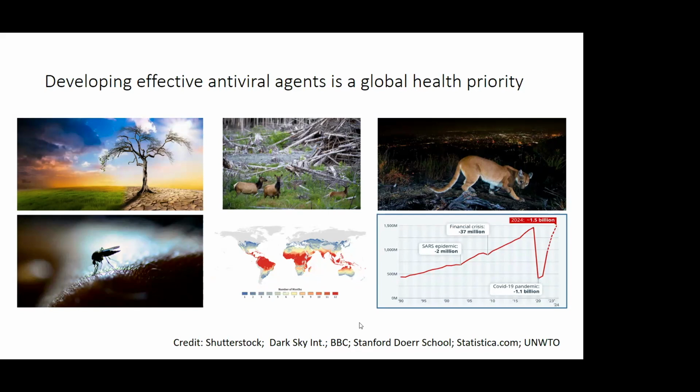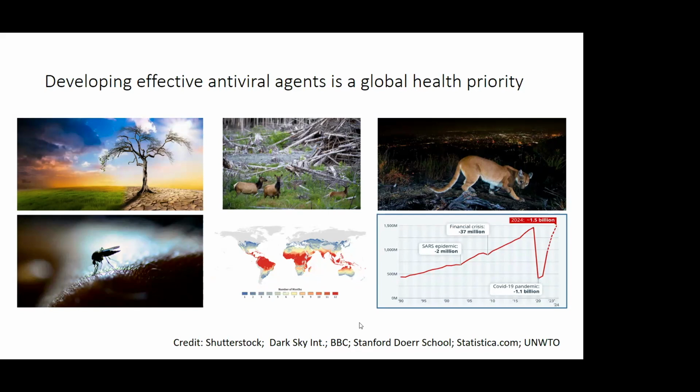And several global trends will make pandemics more likely to occur in the future. Climate change, loss of habitat and fragmentation, and destruction of wildlife serve to increase animal-human interaction and the risk of zoonotic spillovers.